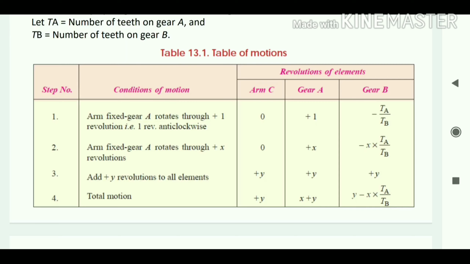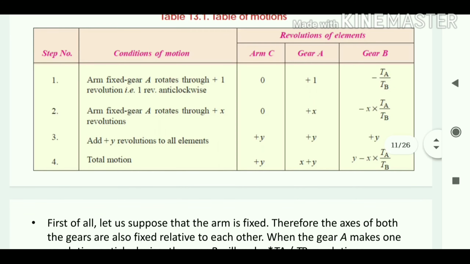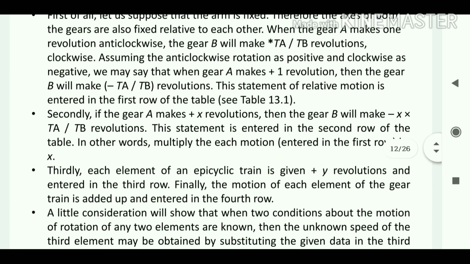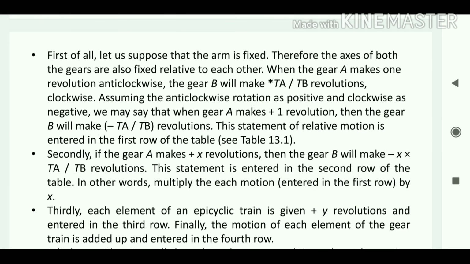In the third step, plus Y revolutions are added to each element, and in the fourth step the total motion is calculated. For arm C it is plus Y, for gear A it is X plus Y, and for gear B it is Y minus X into TA by TB. So the procedure is written down in this slide.